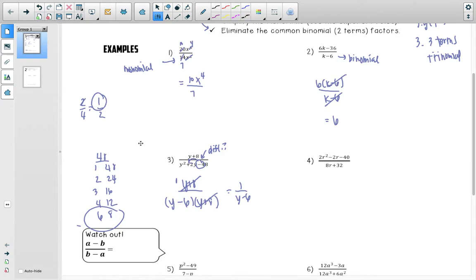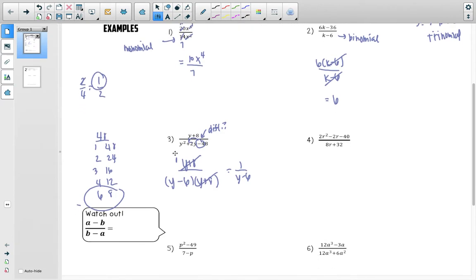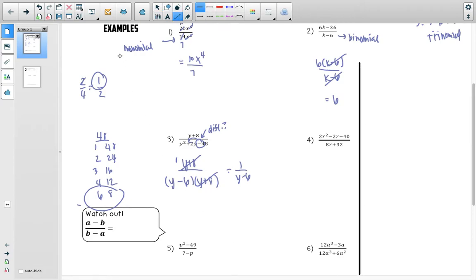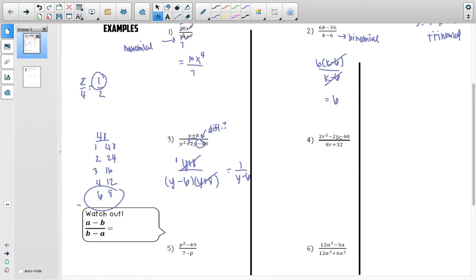Okay, so moving on to number 4. I'm probably going to make some side work because there's some factoring that needs to go on here. I'm going to split this up. Okay, so right here you're going to have to ask yourself, is there a greatest common factor? Well, there is. And the reason we're asking that is because it's not a monomial, so we have to factor it.